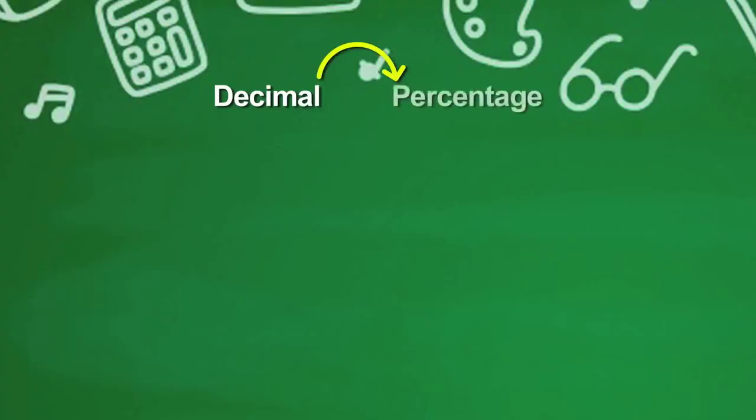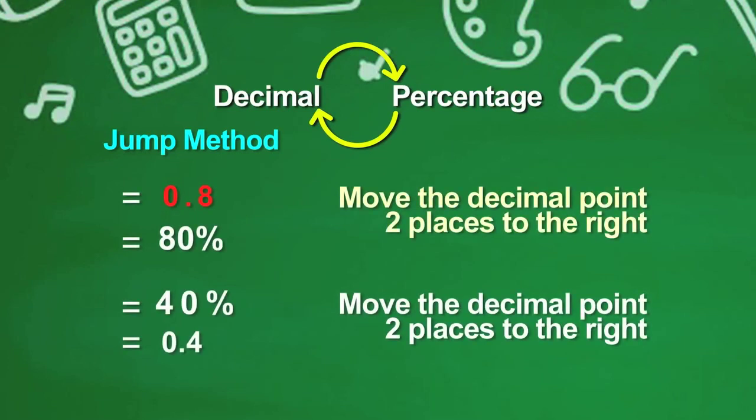If you want to change decimal to percentage, you can use jump method. You can move the decimal point 2 places to the right. And if you want to change percentage to decimal, you can move the decimal point 2 places to the left.